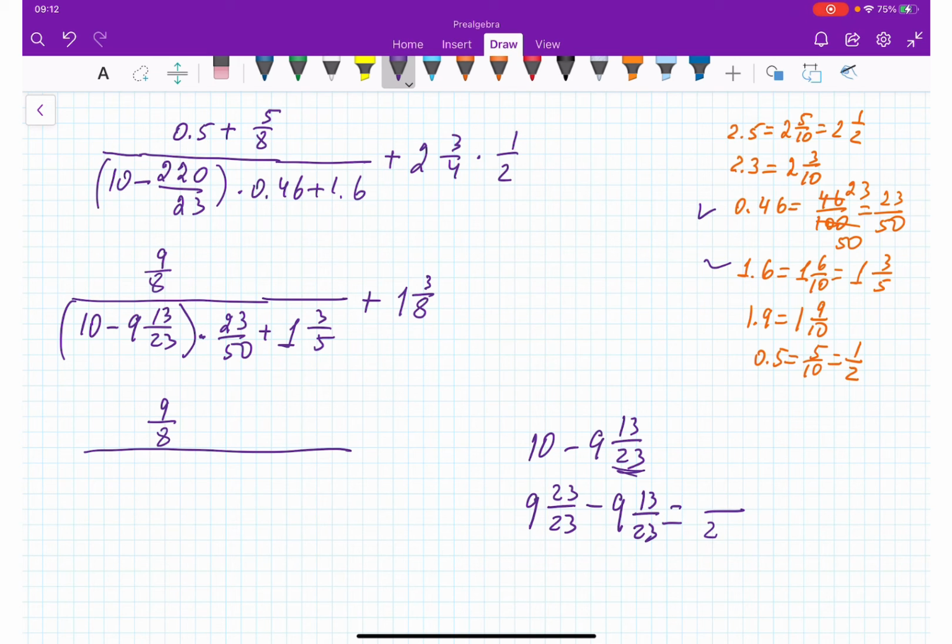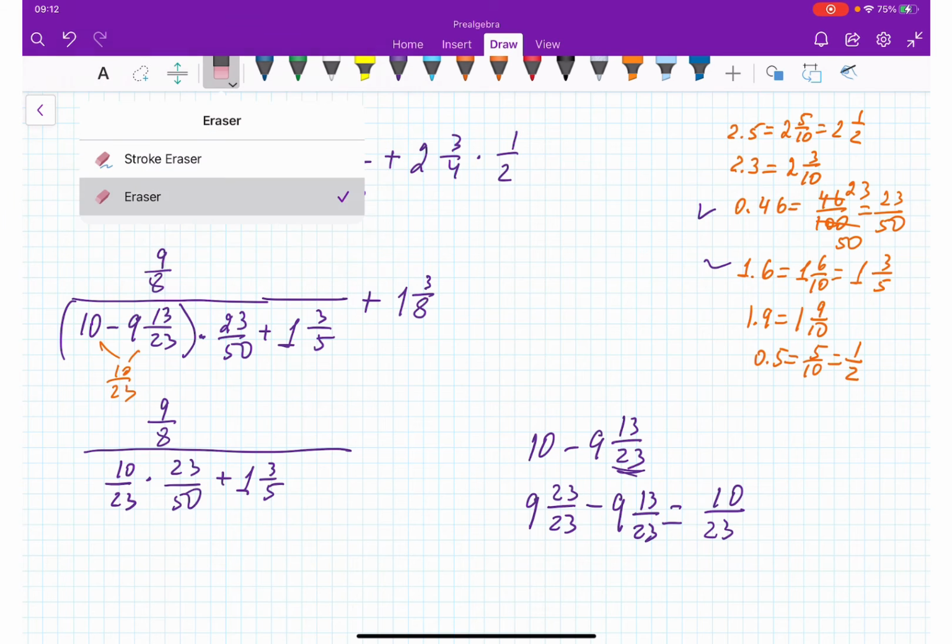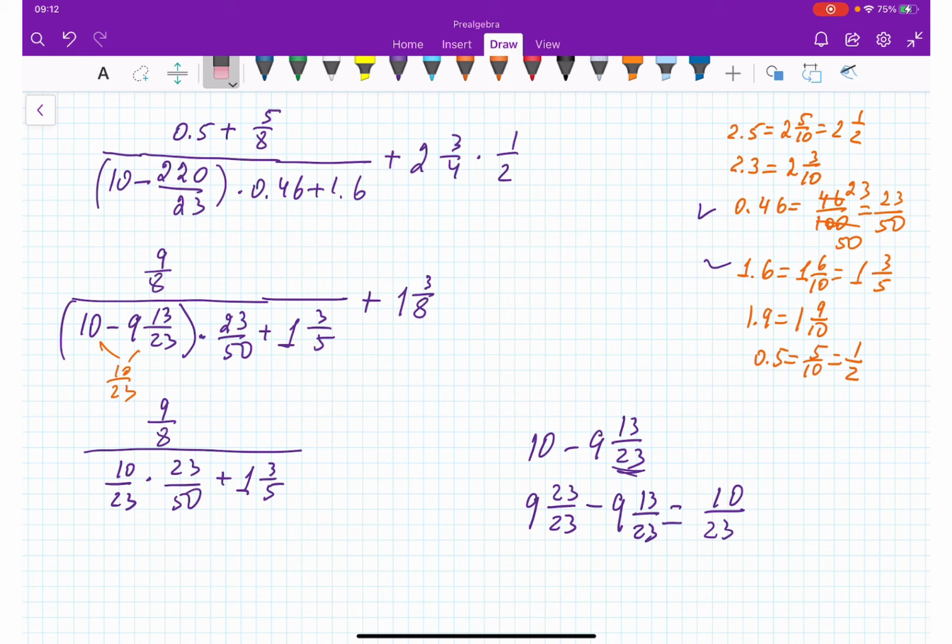And I'm getting 23, and here is what? 10 over 23. So here we get 10 over 23, times 23 over 50. Look, nicely it's going to cancel each other. Plus 1.35, okay. Make it shorter. And plus 1.38.